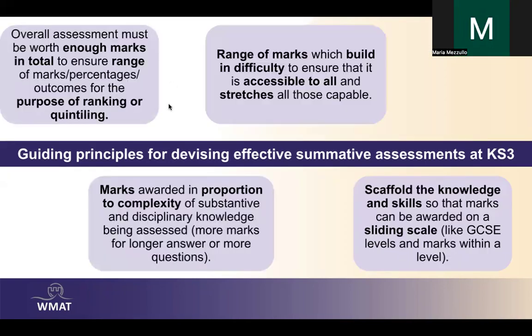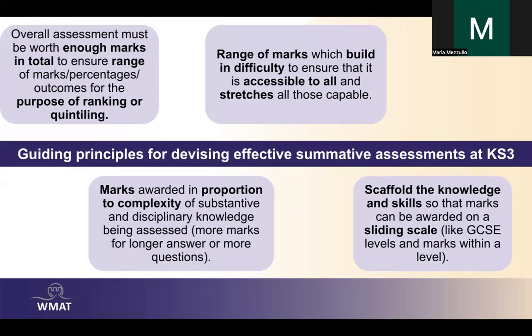In terms of creating a marking criteria, or descriptors to mark your assessment, she talks about the fact that the overall assessment needs to contain enough marks so that you're able to distinguish children.